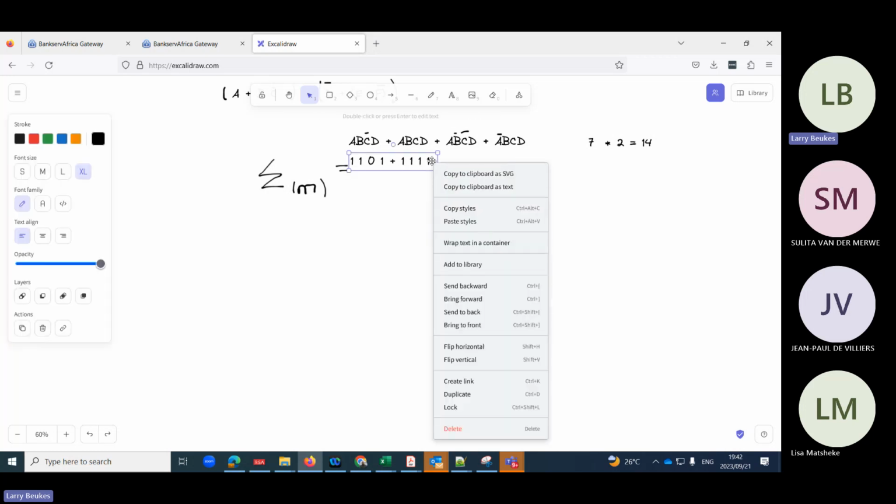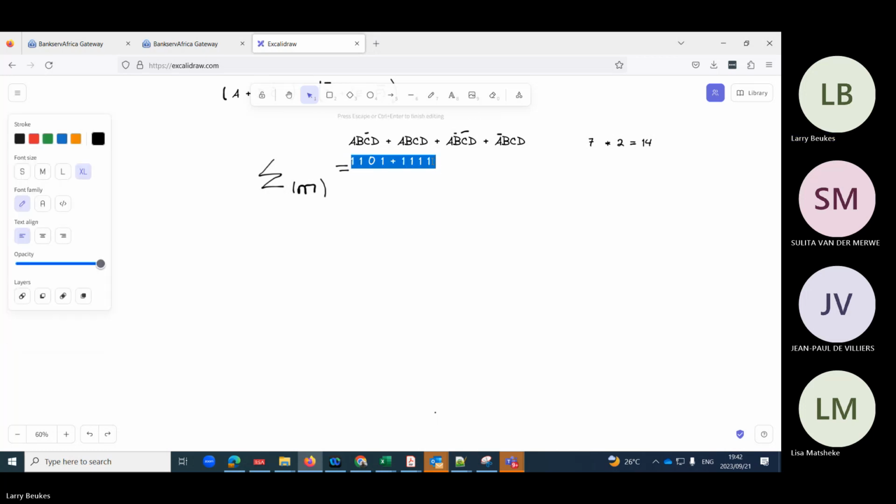Then from there, this will be 1, 0, 1, 0, right? No. This is B is 0, C is 0 as well, and D is a 1.